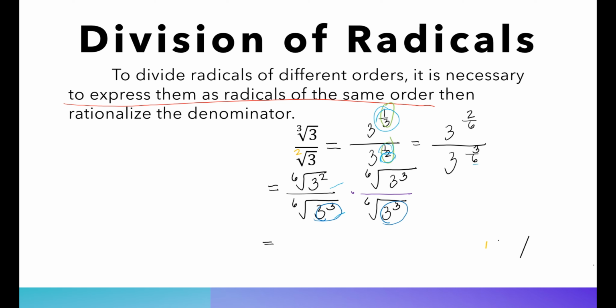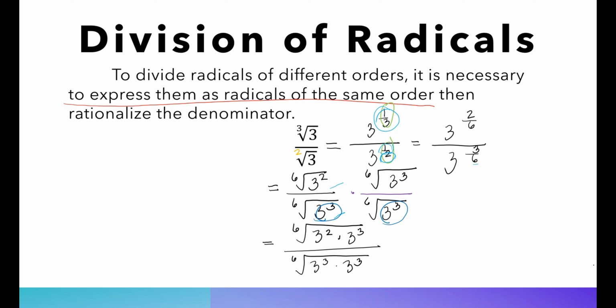The numerator, since it has the same indices, can be multiplied. So that would be equal to the 6th root of 3 squared times 3 cubed. And then the denominator would be equal to the 6th root of 3 cubed times 3 cubed.